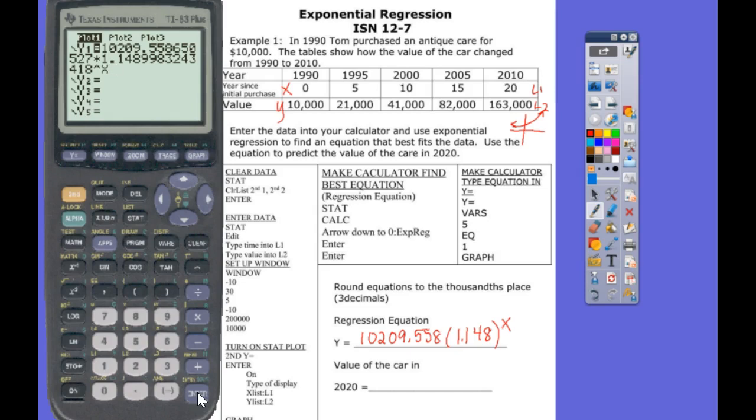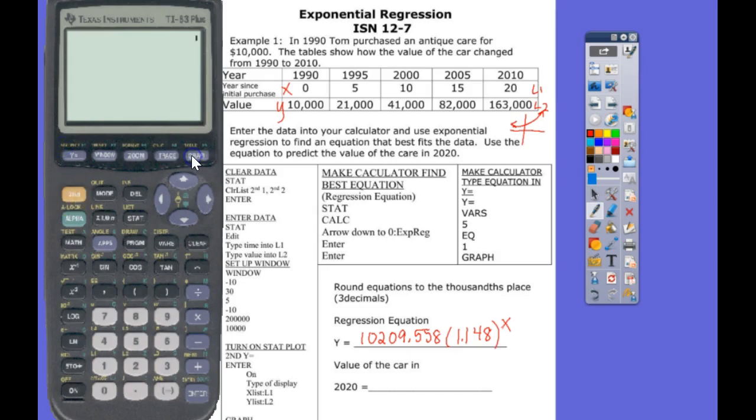And so since the table is populated, I want to know what's the value in 2020, which would be how many years? 30? Is that right? Right? So if it's 90, this is 10, that's 20. 2020 would be 10 more, which is 30. Okay? So we're going to go to the table, which is on the graph.